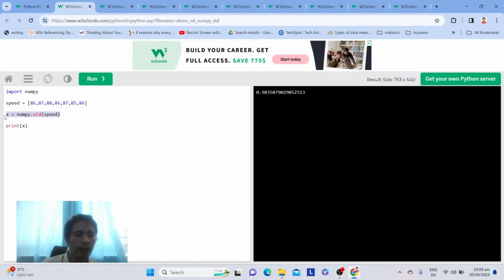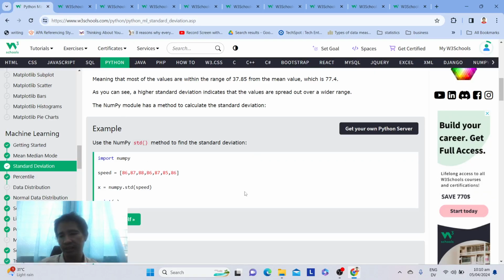We create a variable x, which stores the standard deviation of the speed, and we display the value, and the result is 0.9.